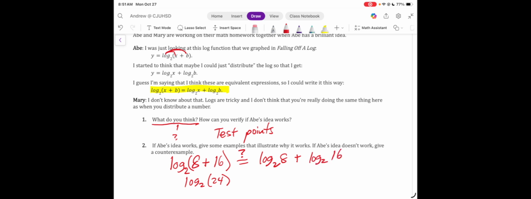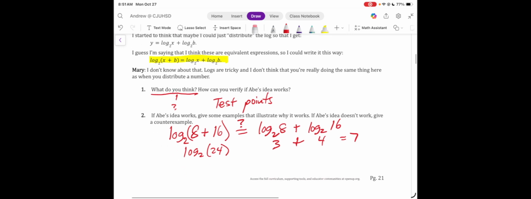Now, the first log would be 3. The second log would be 4. So together they would be 7. Is that what the log base 2 of 24 is? Is it 7? Is 2 to the 7th power equal to 128, or is it equal to 7?